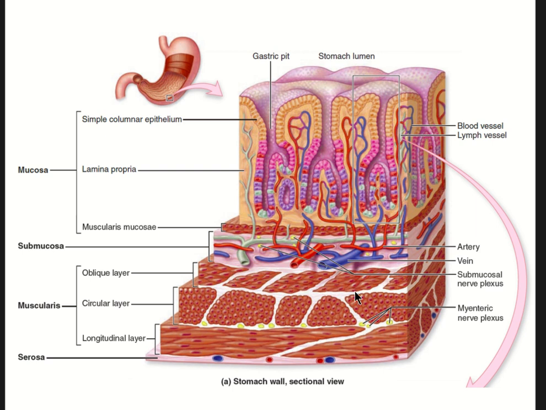The oblique layer of your muscularis is responsible for helping you with the mechanical digestion that the stomach's going to do, called churning. And it's really going to create a big mixing, tumbling motion that's going to thoroughly mix your bolus with the gastric juices to make that chyme.